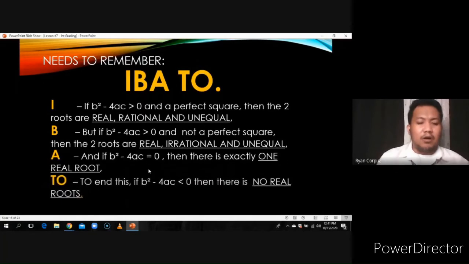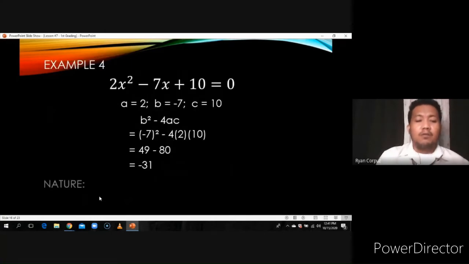It says here, if your discriminant is less than 0, or in other words, a negative number, then its nature is no real roots or no real solutions. So therefore, since negative 31 is the discriminant of the given quadratic equation, its nature is no real roots.